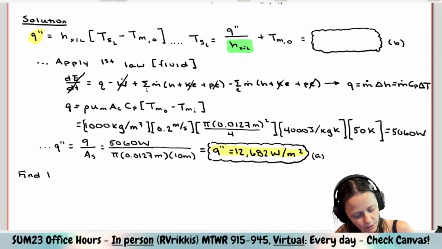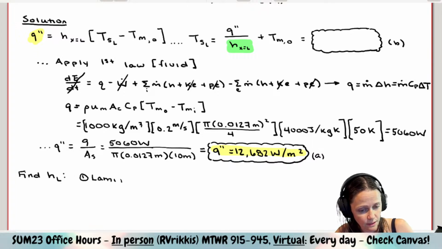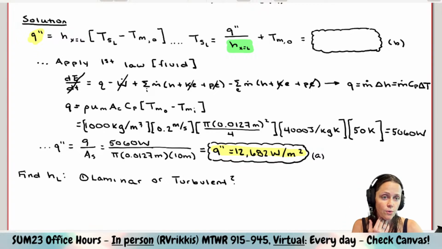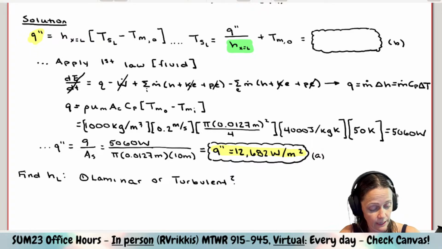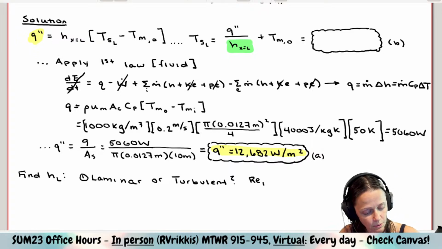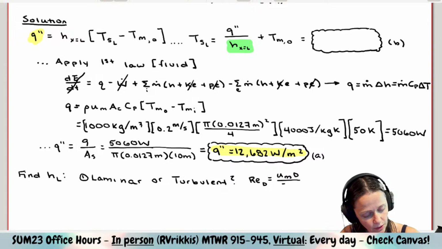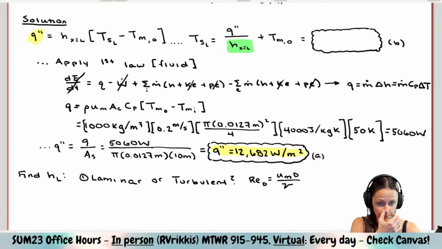So I need to find that local heat transfer coefficient at X equals L. So number one, is it laminar or turbulent? Okay. So I've got to calculate my Reynolds number. So my Reynolds number is going to be the mean velocity times our diameter over our kinematic viscosity.